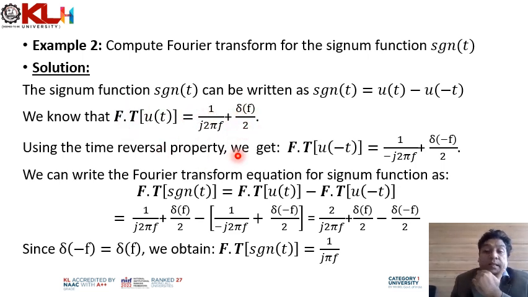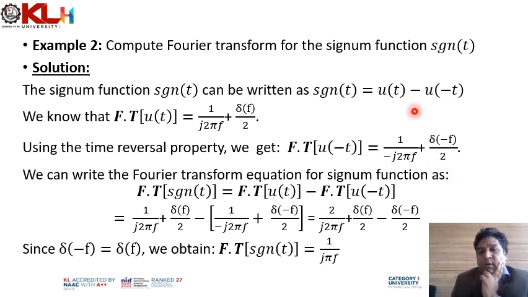Now we are going to apply the time reversal property to get the Fourier transform of u of minus t, where we simply replace f with minus f. So we get the Fourier transform of u of minus t as 1 divided by minus j2 pi f plus delta of minus f by 2.